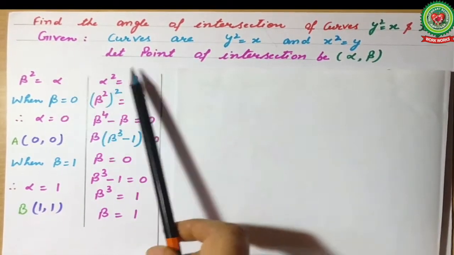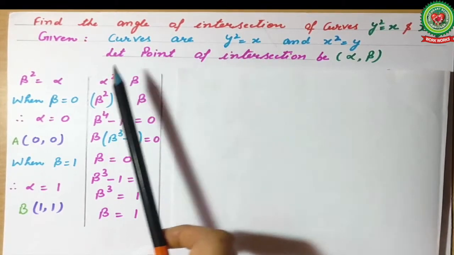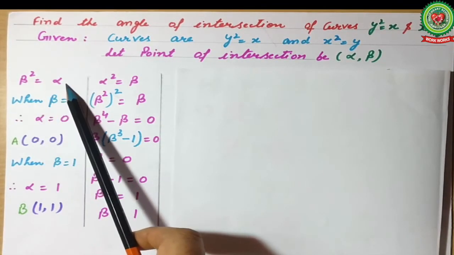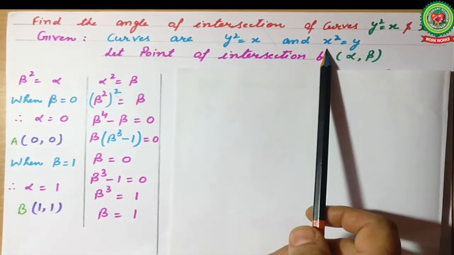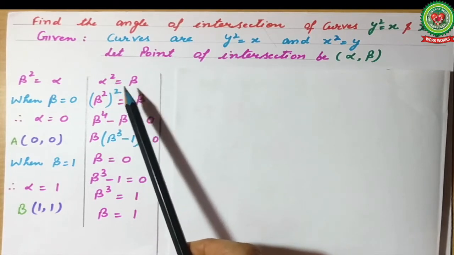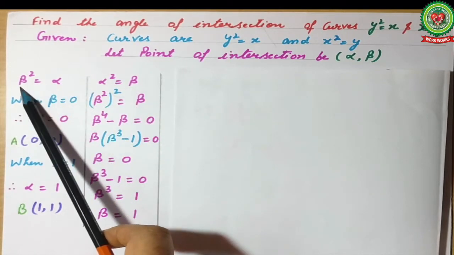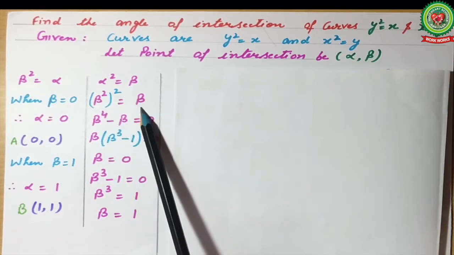First we put it in the equation y square is equal to x. It becomes beta square is equal to alpha. In the same way, putting alpha and beta in the other equation, alpha square is equal to beta. Because alpha is equal to beta square, we put beta square, the whole square, is equal to beta.